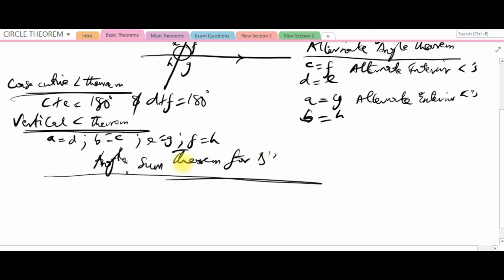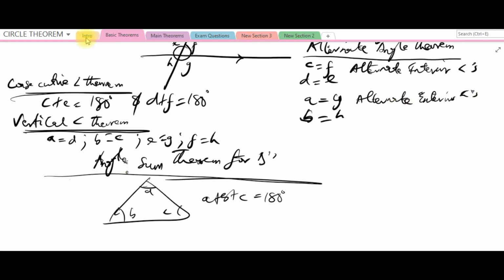It states that if you are given any triangle, the sum of the interior angles is 180. So we are saying that A plus B plus C must be 180. So that's what the angle sum theorem states for triangles.